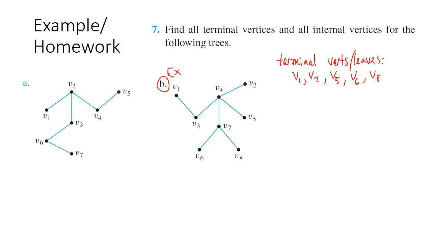And then the internal vertices, or the branches, those are going to be the ones that have degree 2 or more, so those will be V3, V4, and V7. Okay, so this problem right here, that is your homework. Go ahead and do part A and check your answer in the back of the book.